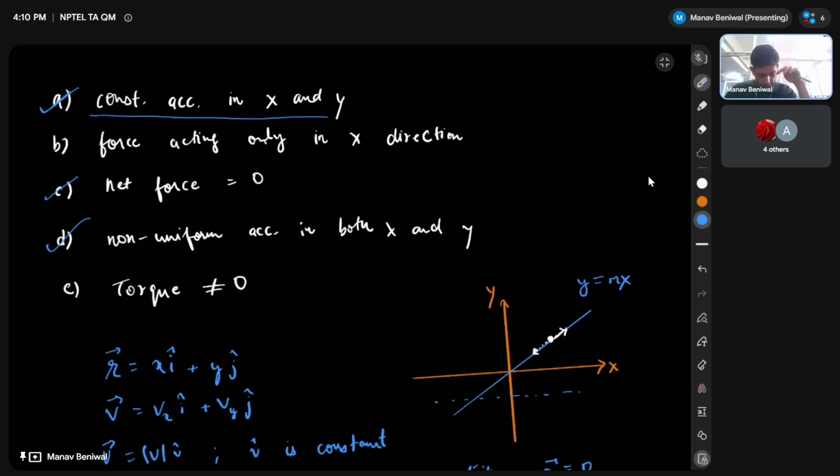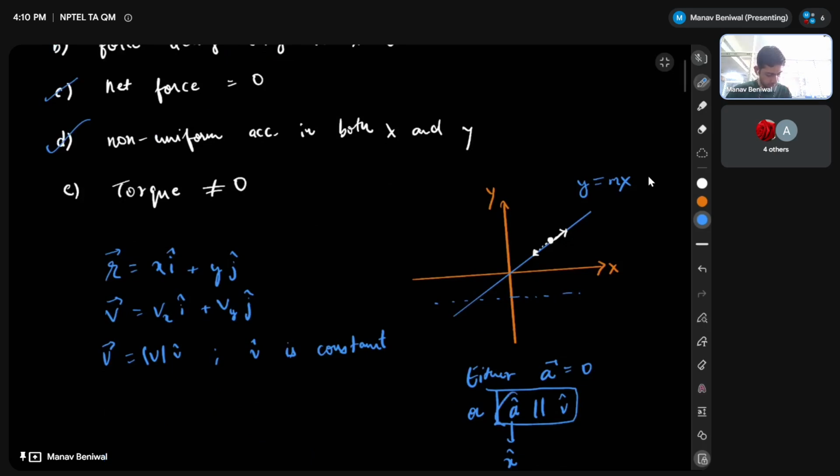But the question is, can it change in such a way that although the independent components are changing with time, my a cap, the direction of my vector, is always parallel to v? Is that possible? Yes, it is possible, if both of them have the same dependence on t.